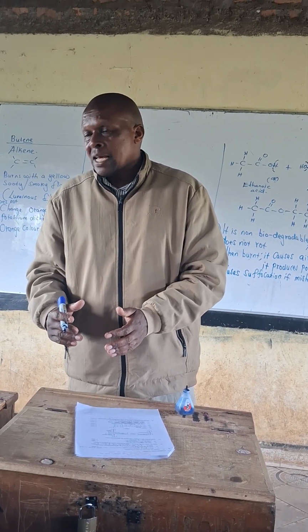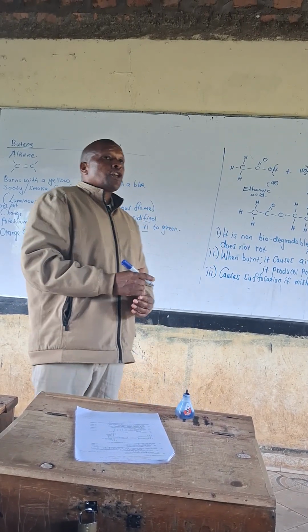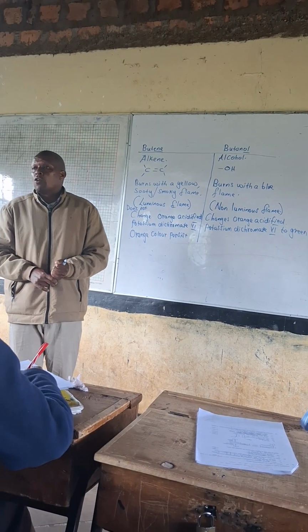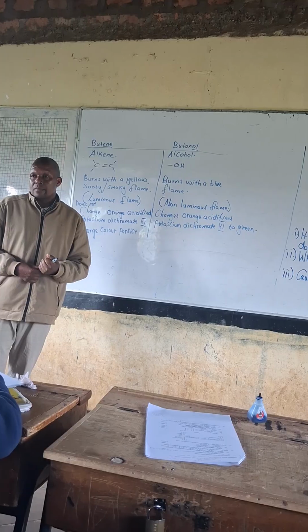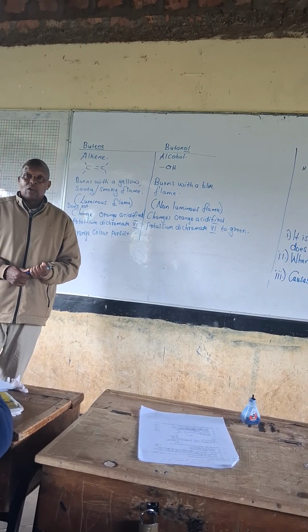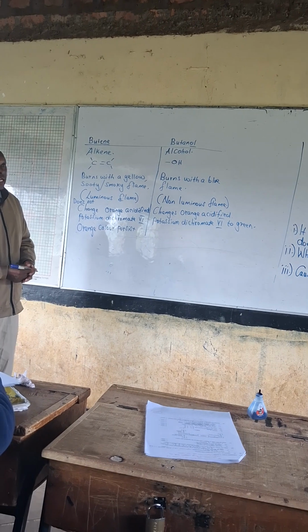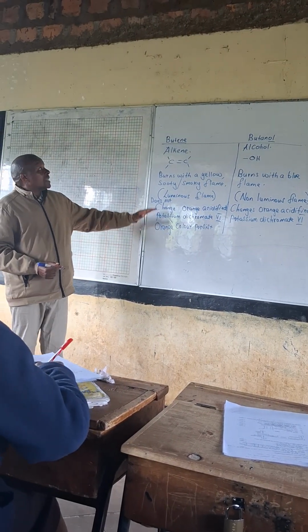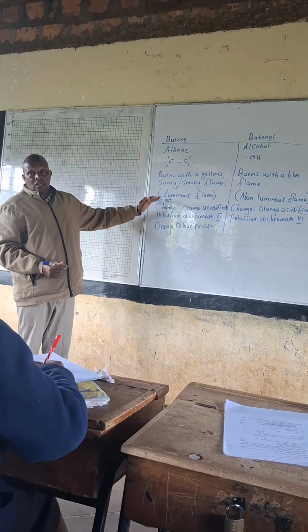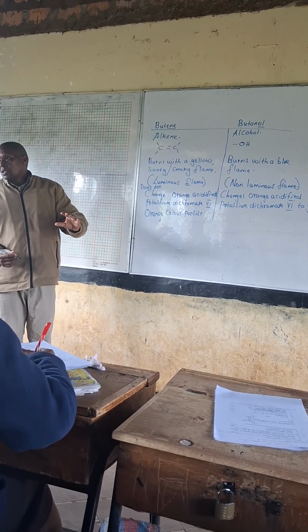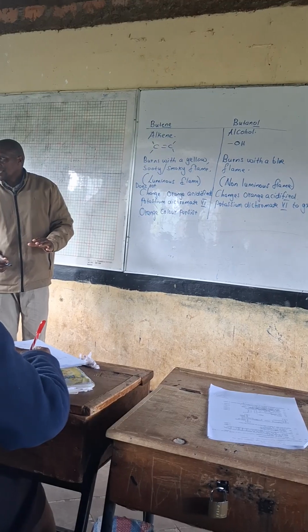Lastly, we can also use bromine water. What is the color of bromine water? Yellow. Very good. The color of bromine water is yellow. In the case of butene, the yellow bromine water is decolorized.